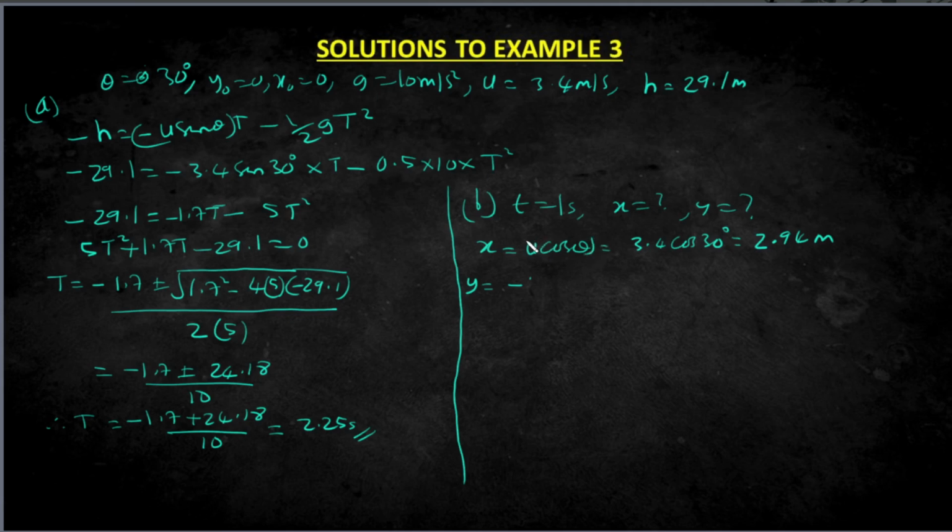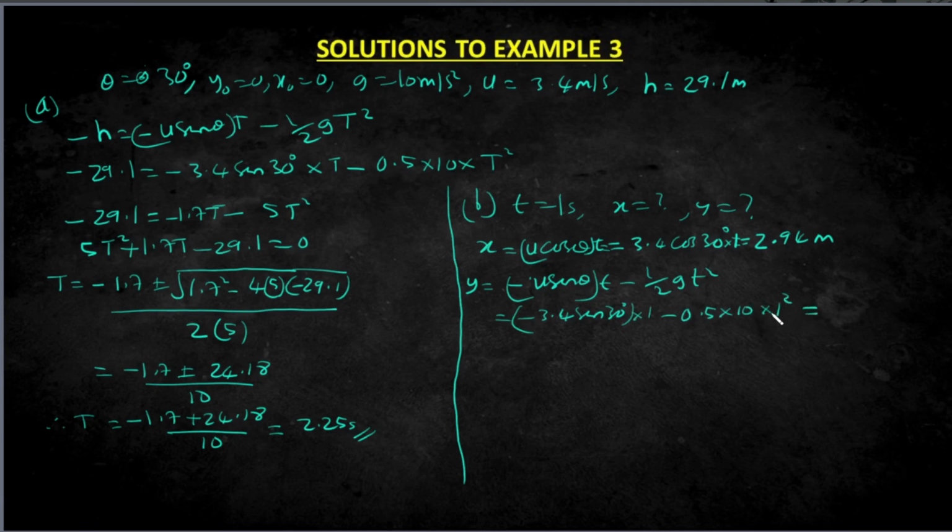We find the value of y, which is minus, there is t, small t, and that t is 1. When you multiply, you have the same value. So you're going to have minus u sine theta times t minus half g t square. U is 3.4 sine 30, which is half, times t, which is 1, 0.5 times 10 times 1 square.